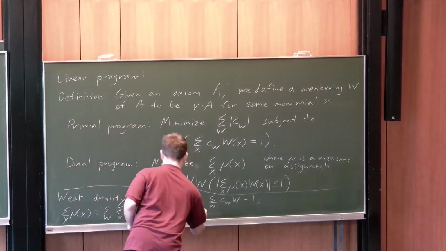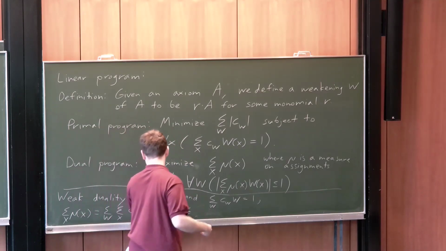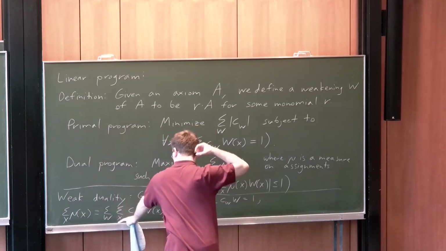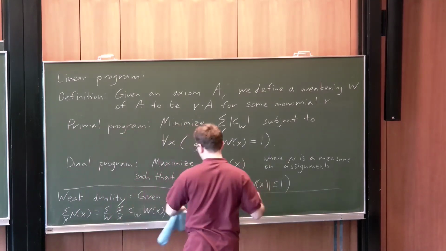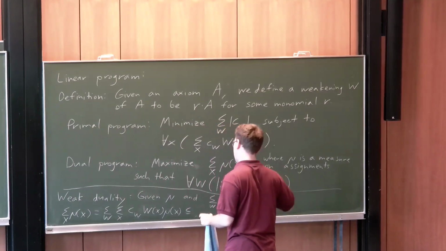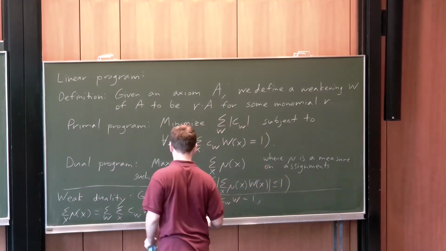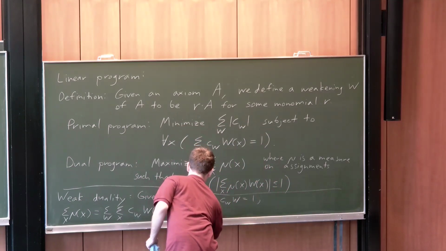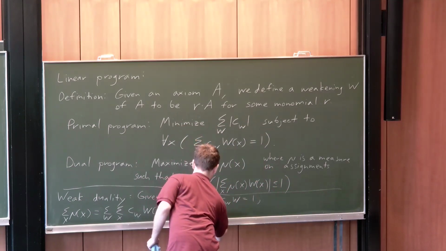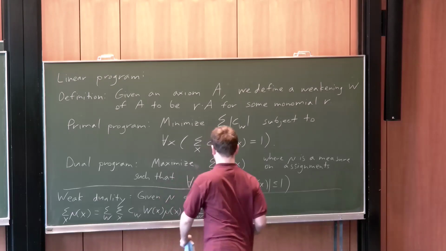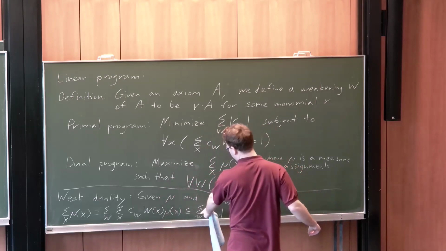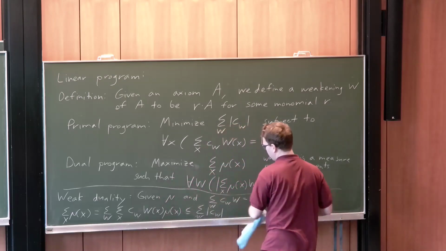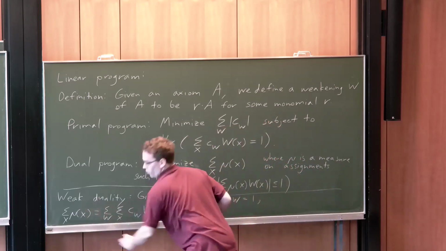The sum over x of W(x) times mu(x) is bounded in magnitude by one, so this is upper bounded by the sum over W of t_W, which is the total coefficient size.